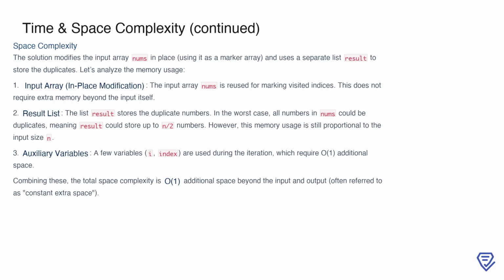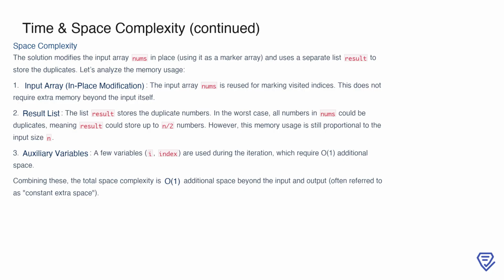This solution is space efficient as it modifies the input array in place to track visited elements, eliminating the need for additional data structures. The input array itself is reused, so no extra memory is consumed aside from the input. The result list stores the duplicate numbers, and in the worst-case scenario, if every number in the array is duplicated, the result list could hold up to n/2 elements.